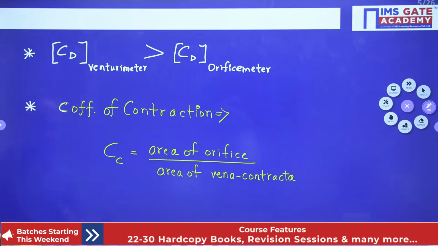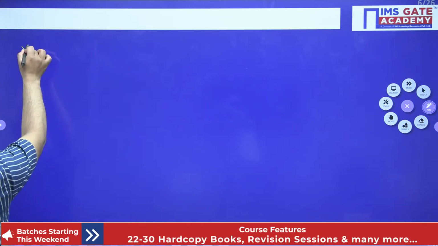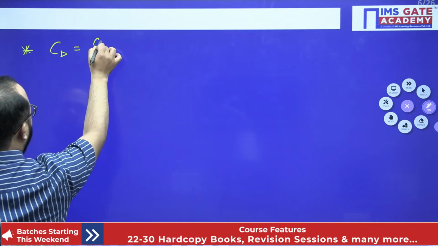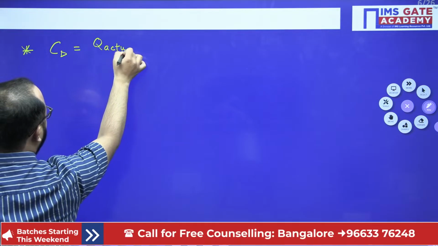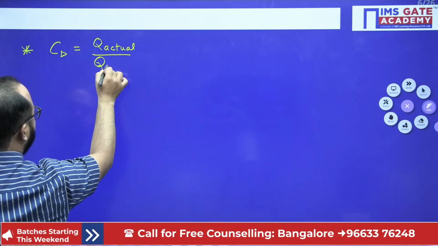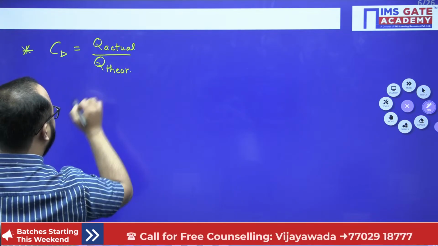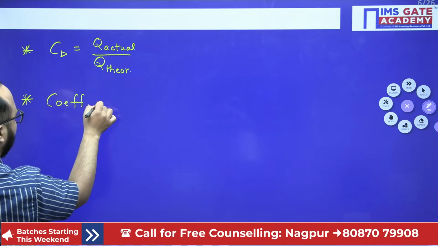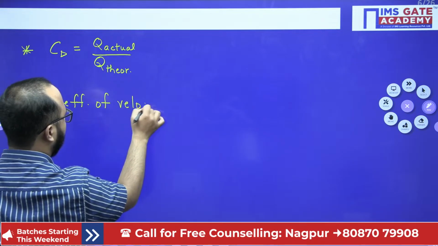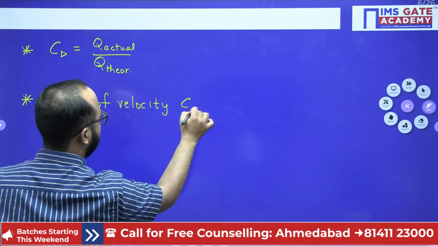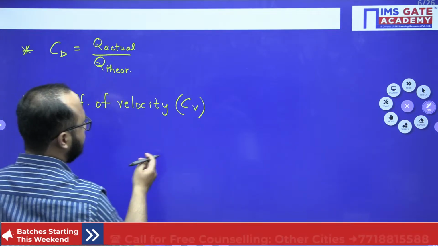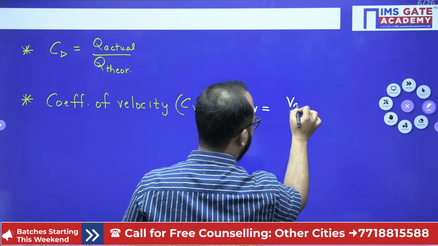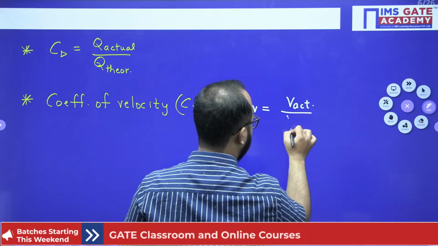Now what are the other coefficients we have? CD, which we have already discussed: actual discharge divided by theoretical discharge. One more coefficient is the coefficient of velocity, represented by CV, which is actual velocity divided by theoretical velocity.